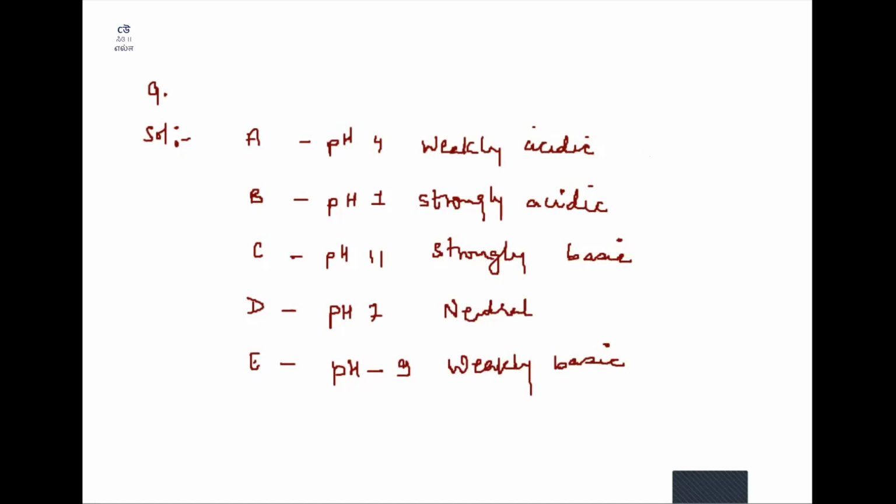Moving on to question number 10. Students, question number 10 says that equal lengths of magnesium ribbon are taken in test tube A and test tube B. So we have test tube A and we have test tube B. Both of them have magnesium in them.